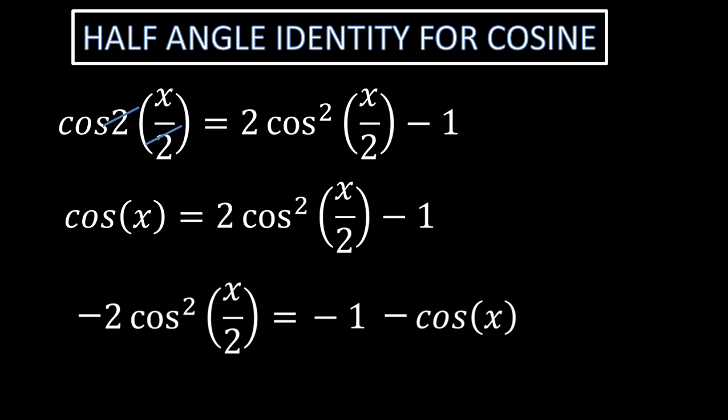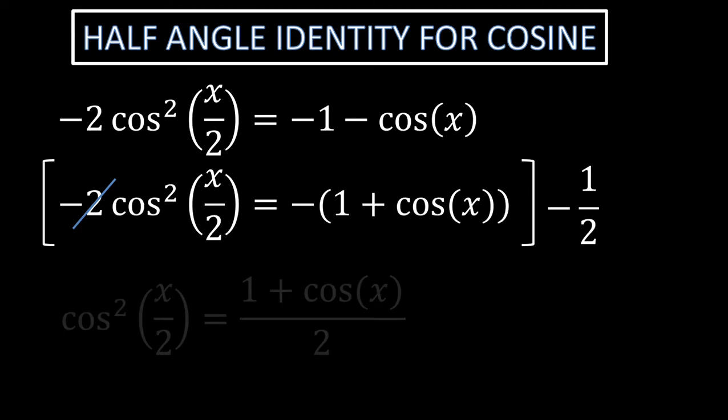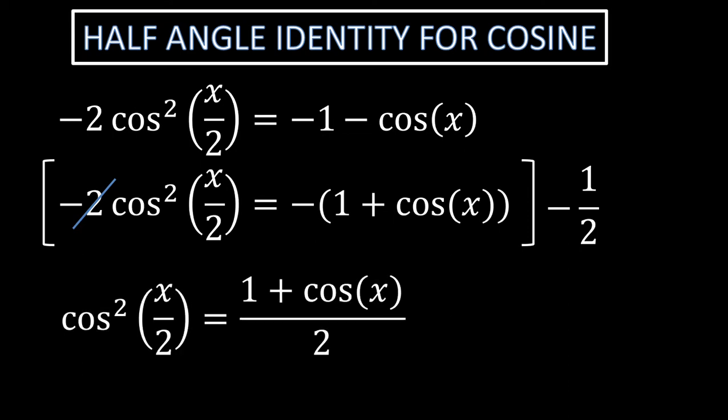Ilalabas ko yung negative. So, magiging ganito na. And then, I will multiply it now by negative 1/2 both sides of the equation. So, matanggal yung negative 2 dyan, and then yung nasa right side, mamumultiply siya ng negative 1/2. So, the expression now will look like this.